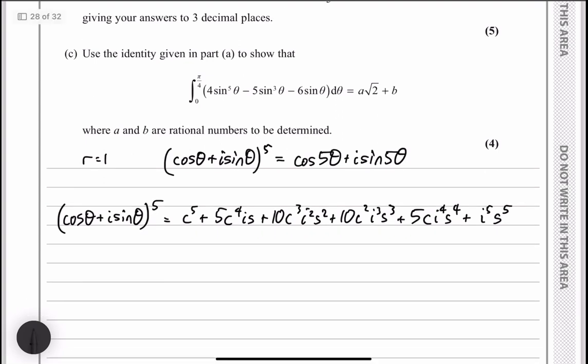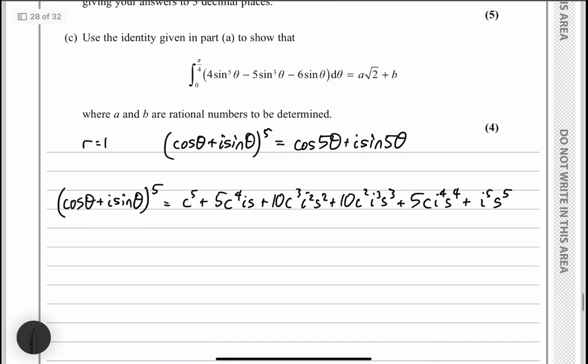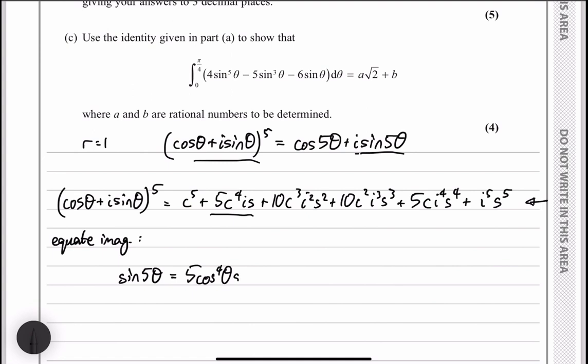Now I need the imaginary terms only. So equating imaginary terms, we get sine 5 theta from the right hand side of the original equation is equal to all of the imaginary terms from the left hand side. So we're going to need this one, 5 cos power 4 theta times sine theta.